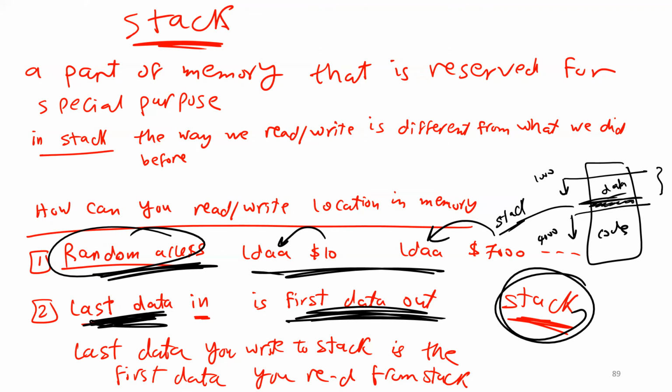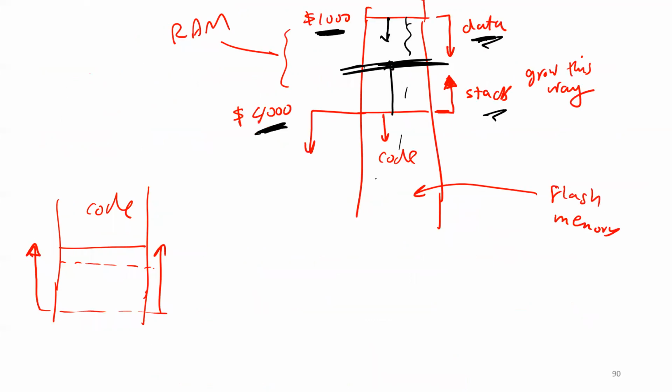However, the way I want to use the memory is last data in, first output. Until now, I didn't explain in what application I need last in, first output. You got what I'm saying? So anyway, I'm going to explain this one, but this is the way we read or write. And how can we implement it? Again, I need to make a memory. The way this memory retrieves or stores data is last in, first output.